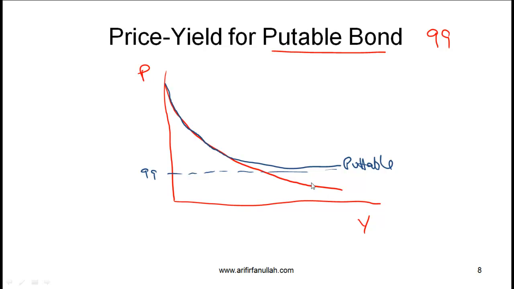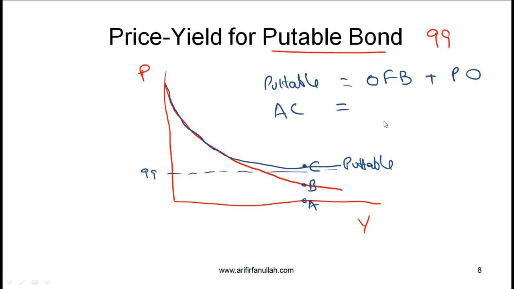So that's one point. And again, using that basic geometry that we just did before, if you have point A, B and C, the value of the putable bond is AC. So the value of the putable bond is equal to the value of the option free bond plus the value of the put option. So the value of the putable bond in this example is AC.